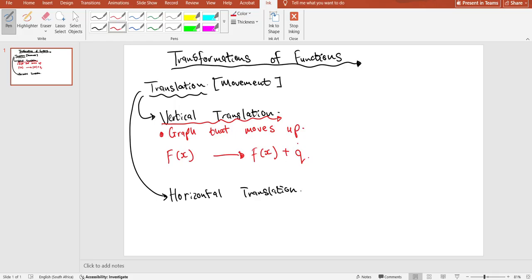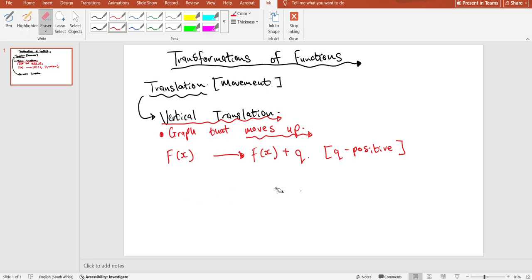In this case, I'm using a q, and that q just represents a constant. It could be a 3, a 4, a 5. Point is, it's being added with that constant. So as long as that q value is positive, then we know this is a vertical movement that moves the graph up. And maybe while we're still on the same topic, let me show you examples of how a graph could move up.